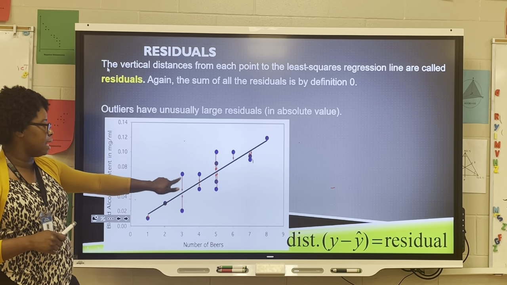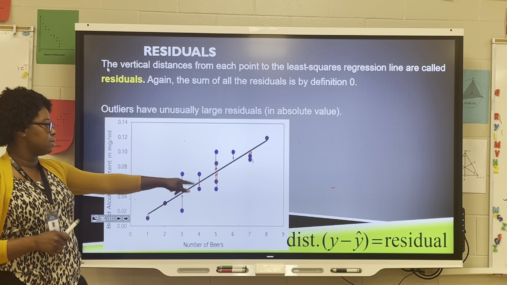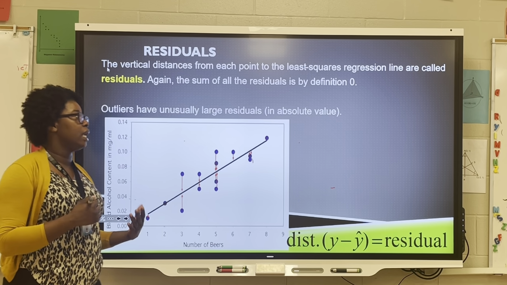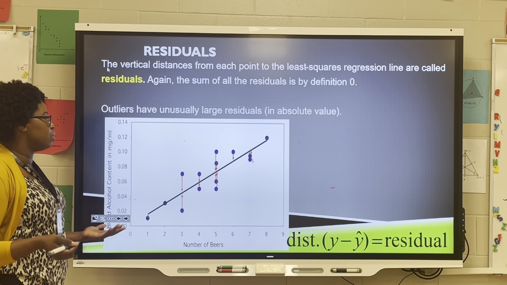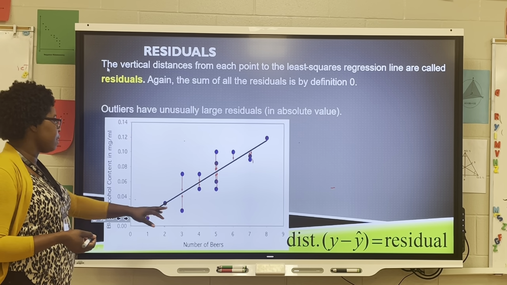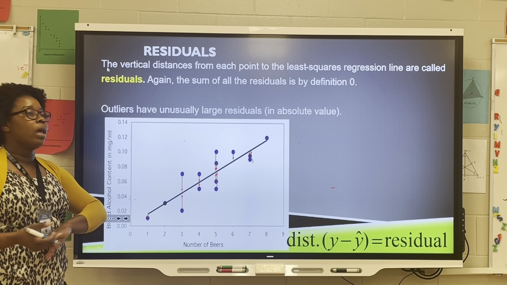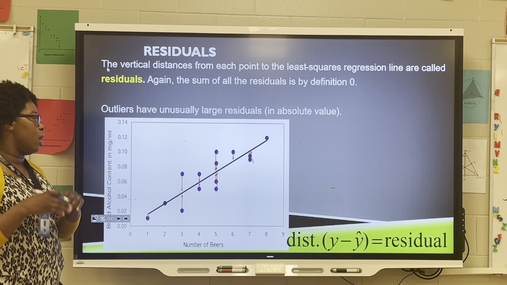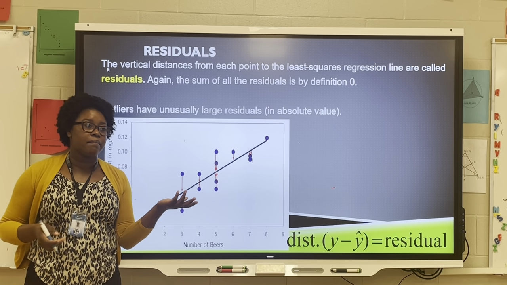So if you add up all of these residuals, it should always be 0 for your answer.